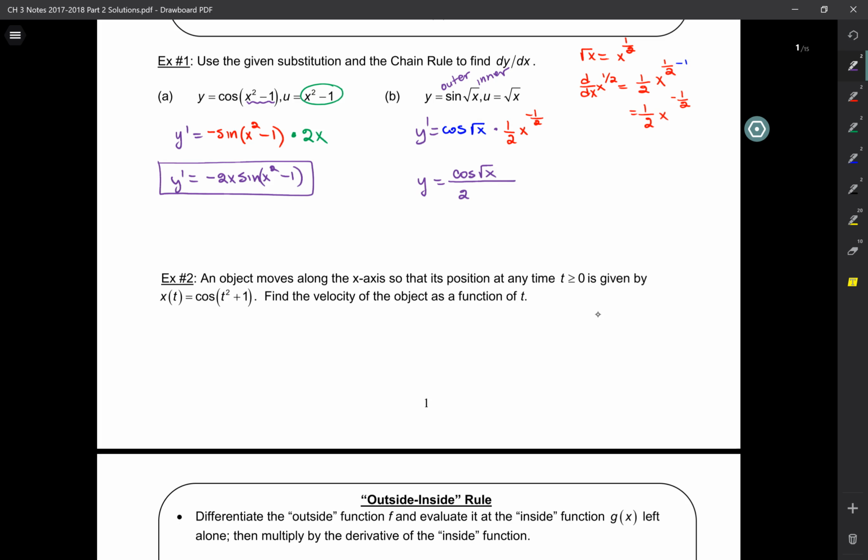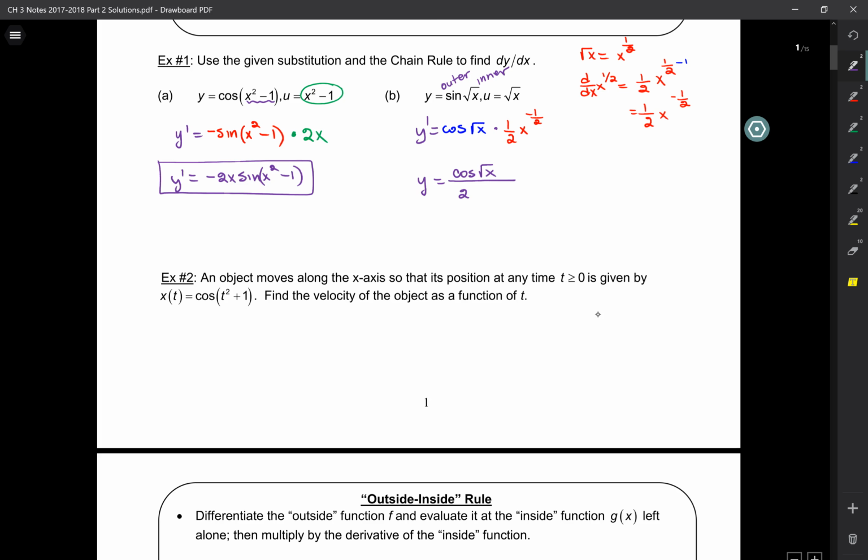Yeah, because that's what we do with negative exponents. I can take x to the negative 1/2 and put it in the denominator, but that still doesn't look very good. So I could say, this is y prime, cosine root x over 2 times root x.